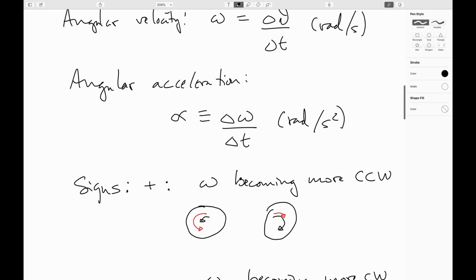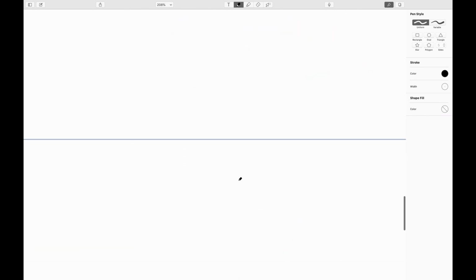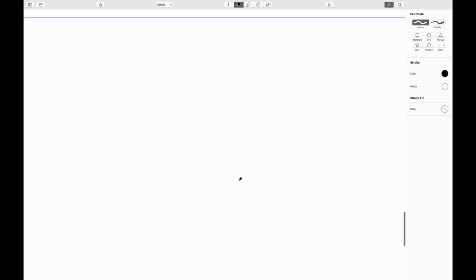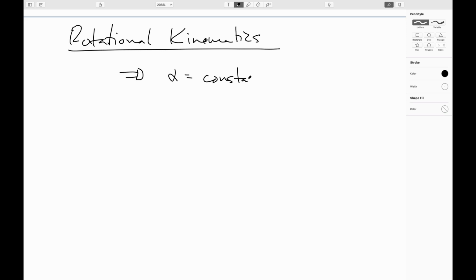So since they're defined the same way, this means that there is another gang of four, and this is for situations where the angular acceleration is a constant. We call this rotational kinematics. So again, the key assumption here is that the angular acceleration is a constant.